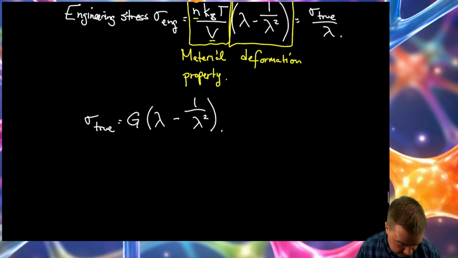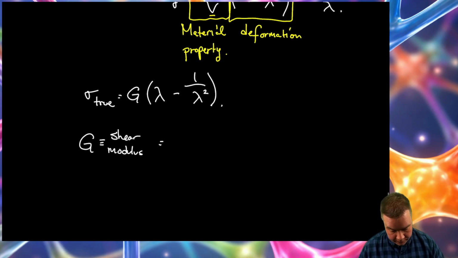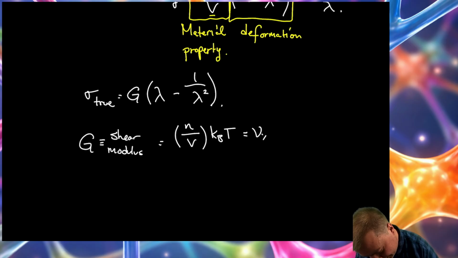And you can see that the material property G, again, this is our shear modulus. Because we're only changing the shape of the material, because the volume is held fixed, this is actually the only independent modulus of our material, in the case that it's incompressible. And so this is equal to the number of crosslinks per unit volume times kBT, or in other words, our crosslink density times kBT.